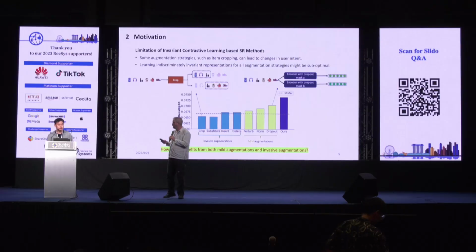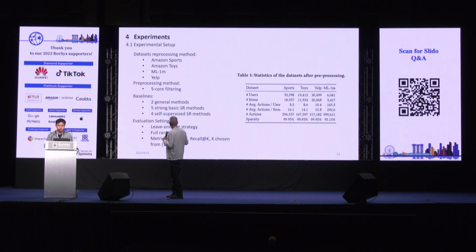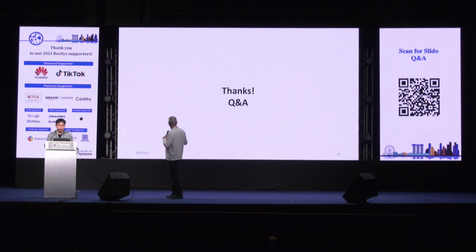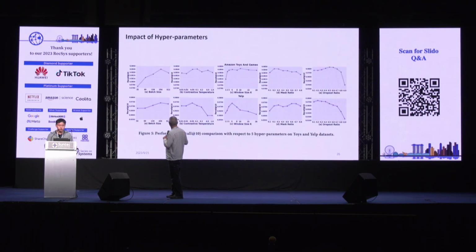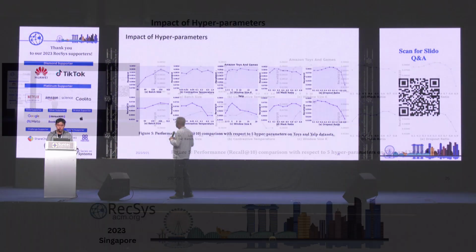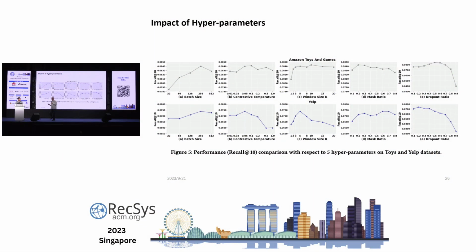Other questions? Could you go to the slide with the hyperparameter part? Hyperparameter study? Yeah. Maybe this page. Yeah, this page. One of the things you say in the paper is that one of the challenges with batch size is that you find negative examples that are actually false negatives.